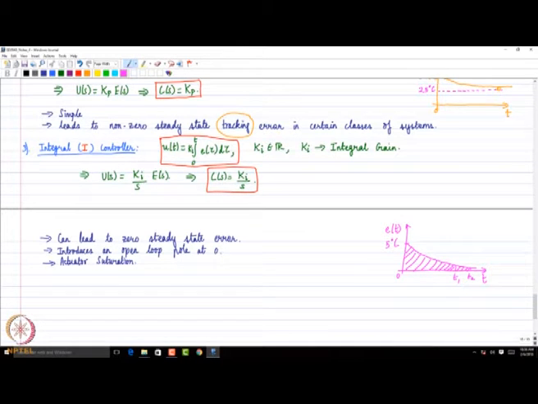So now what can you observe? Assuming that the error doesn't vary between positive and negative, and remains the same sign, this area can keep on increasing. If the area keeps on increasing, what do you think will happen to u? It keeps on increasing, multiplied by ki. As time progresses you are decreasing the error's magnitude, but the integral action takes into account the past error also, because integration in a certain sense takes into account the history of errors.